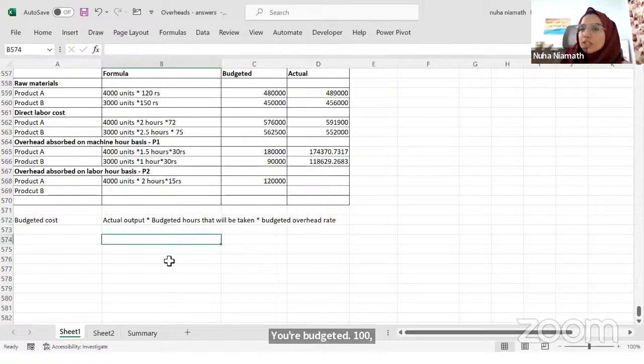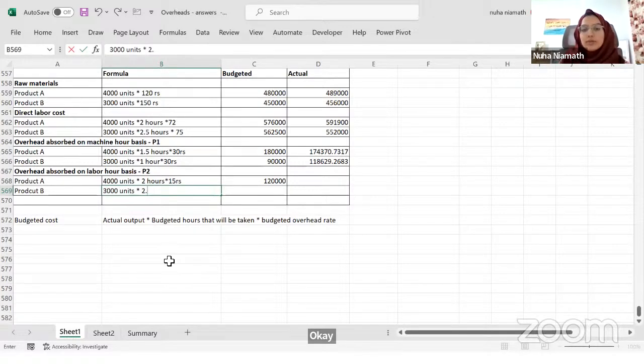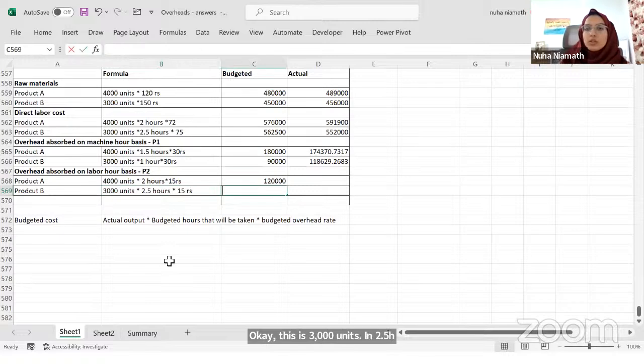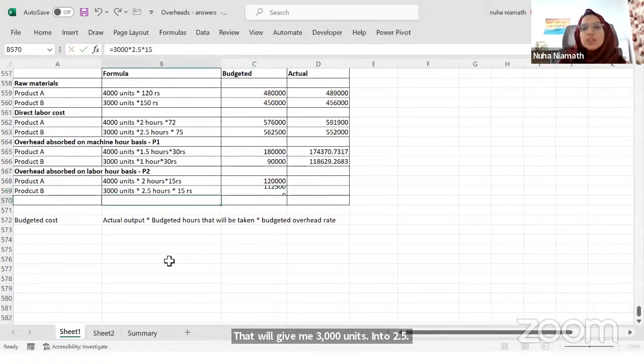That will give me the budgeted cost of that actual output. Okay, so this is 3,000 units into 2.5 hours into 15. That will give me 3,000 units into 2.5 into 15.